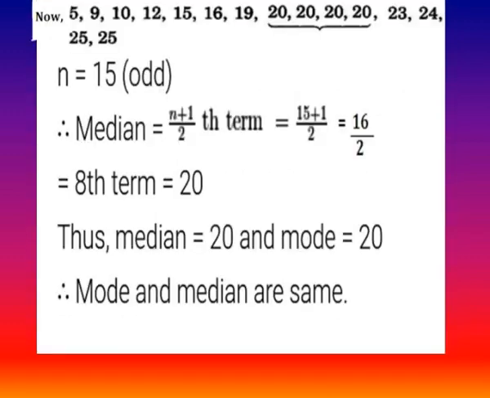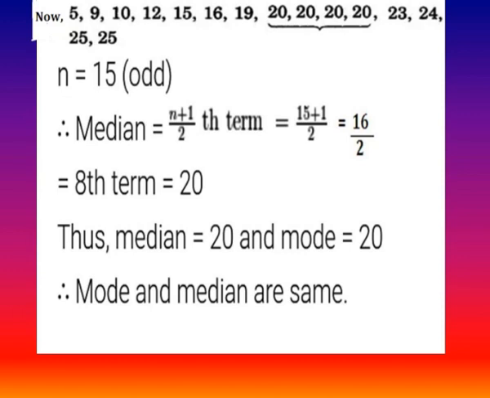Next we have to find the median. We have arranged the given data in ascending order, and the number of observations is 15, which means n is equal to 15, which is odd. So we use the formula median is equal to the (n plus 1) by 2th term, which is 15 plus 1 by 2, that is 16 by 2, which is equal to the 8th term.